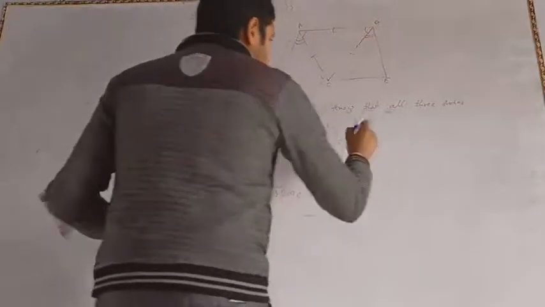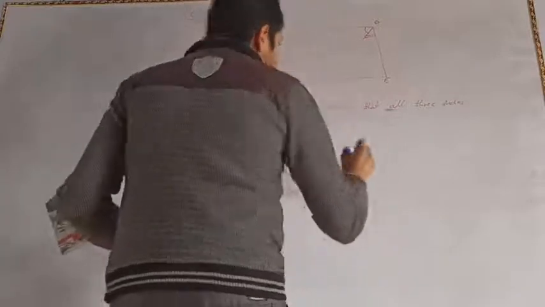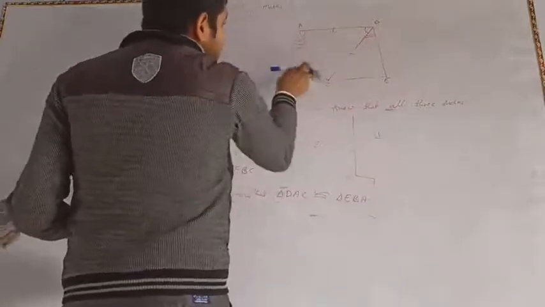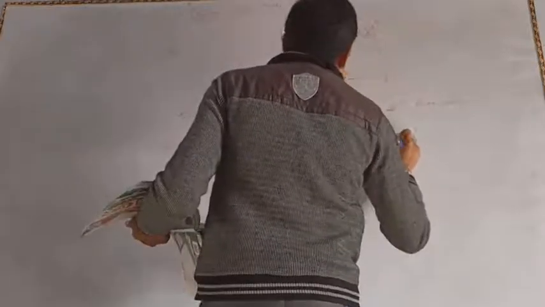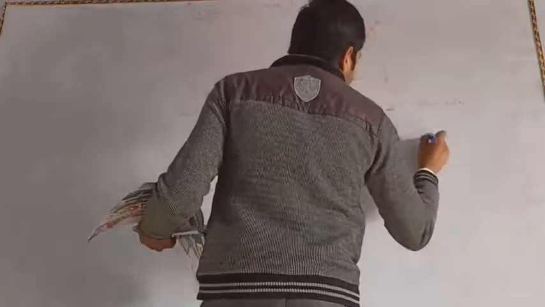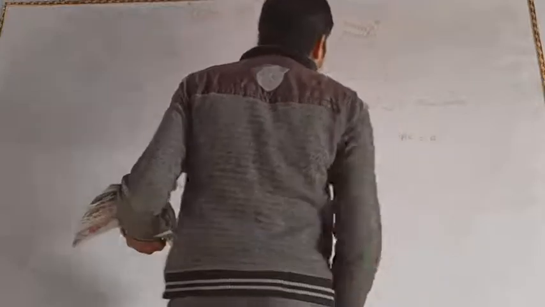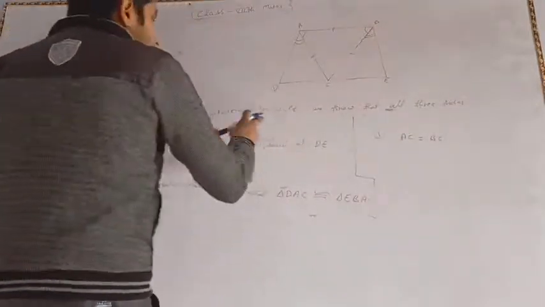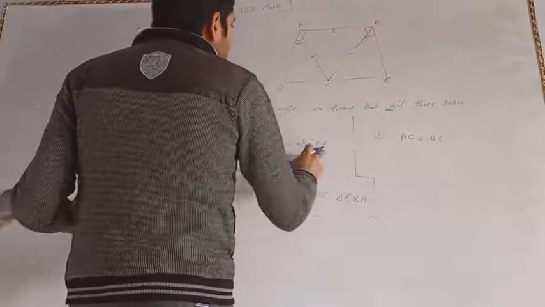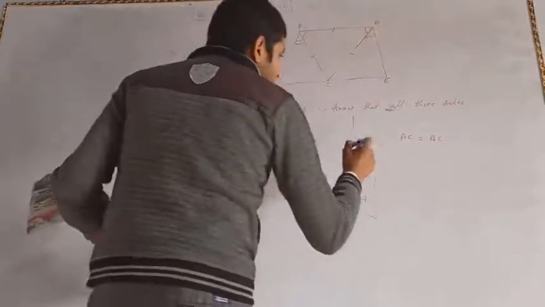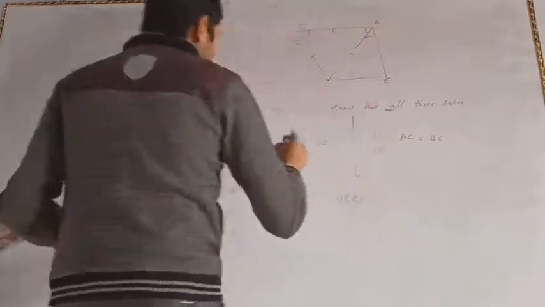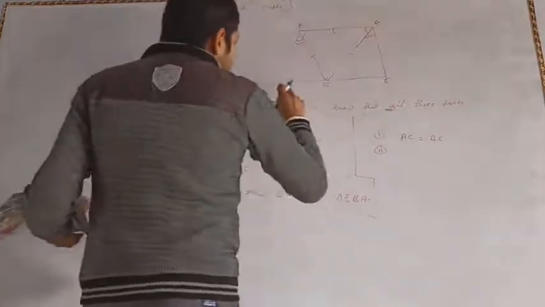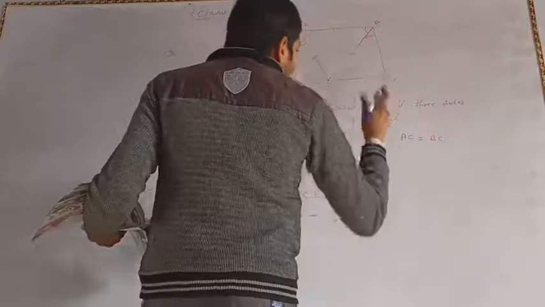In both triangles, you can see the conditions. First condition is given that side AC is equal to side BC. Also given that C is the midpoint of DE, so from this statement we can say that CD is equal to CE.